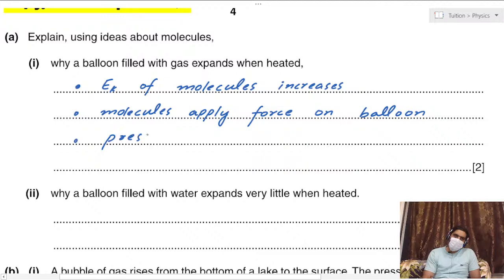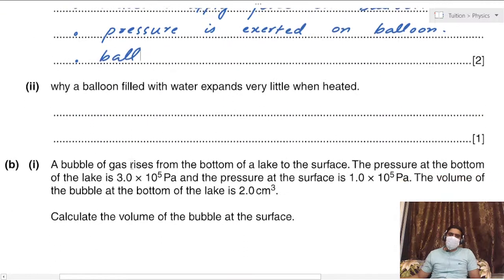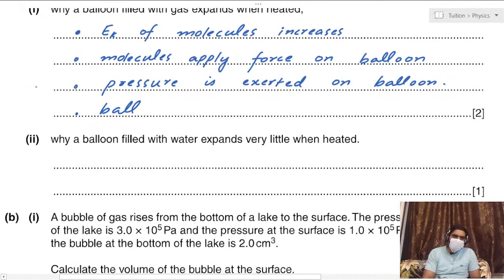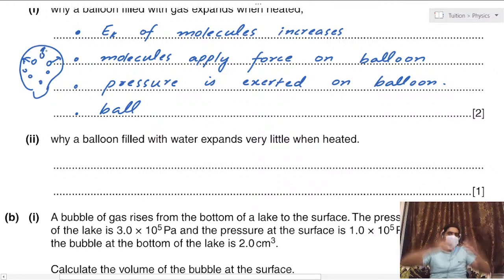So due to that force, pressure is exerted. Say on this balloon, the molecules were applying pressure, and once they were applying the pressure to the sides on the walls of the balloon, it would move the balloon out.